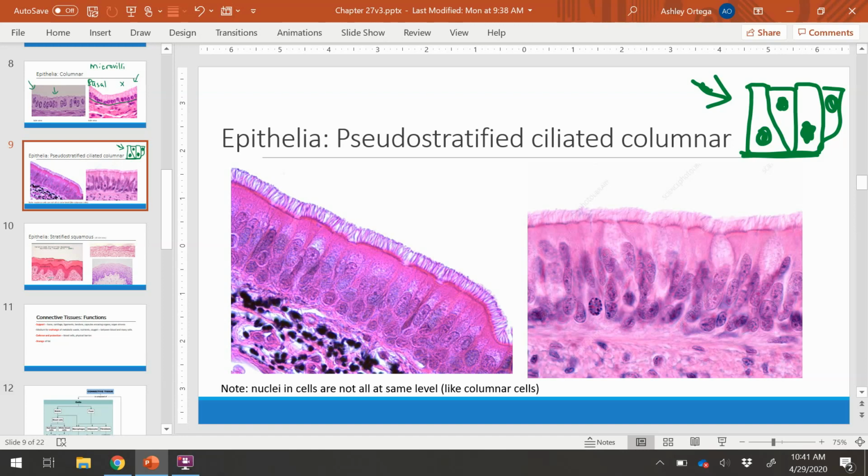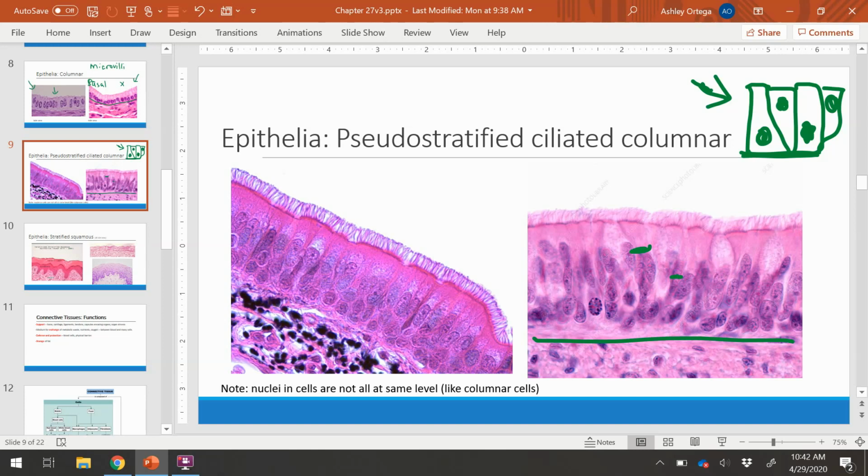It can be harder to see in these real life images, but you want to look for the basement membrane. You want to see if you can find any separation of cells. If there was a clear ending of the cell right there or right here, you would know that it's actually a stratified, something other than pseudostratified, but you don't see that.